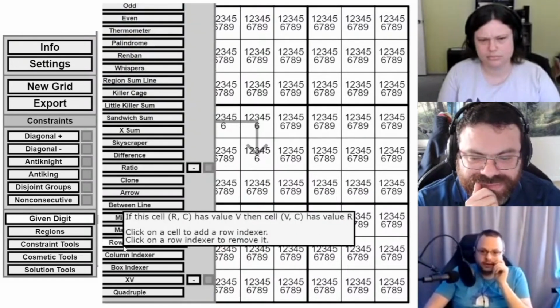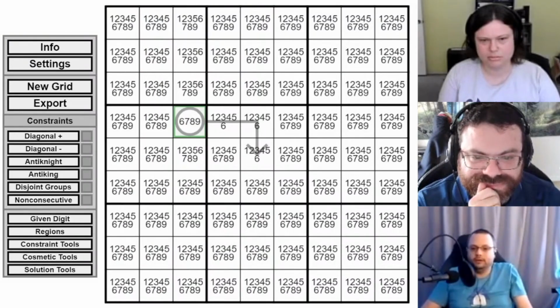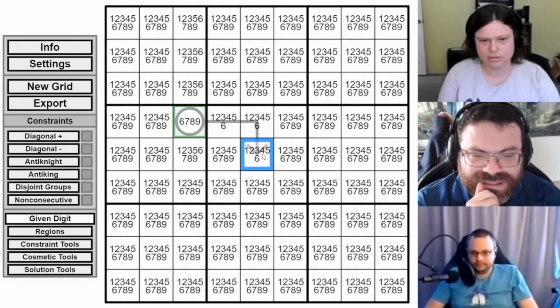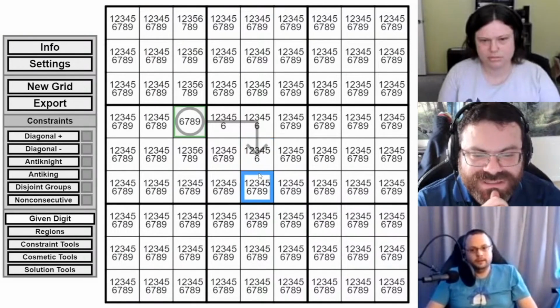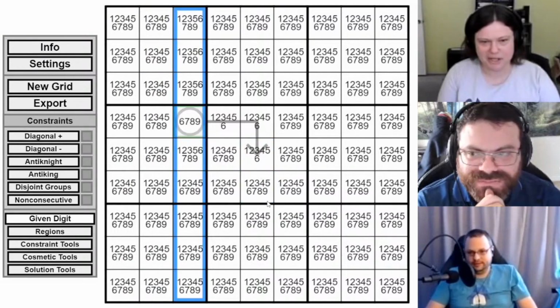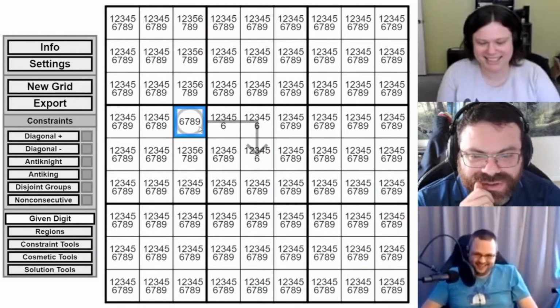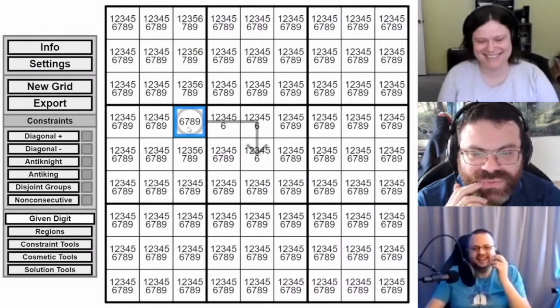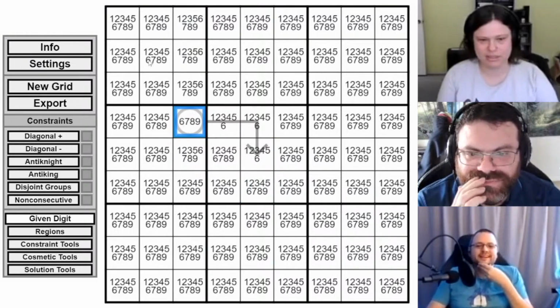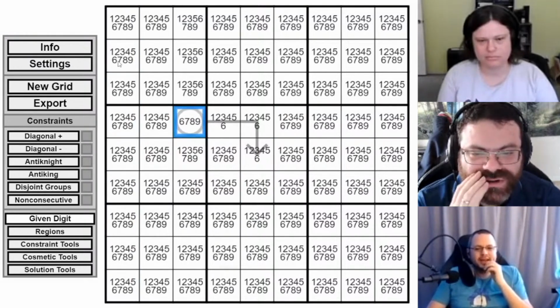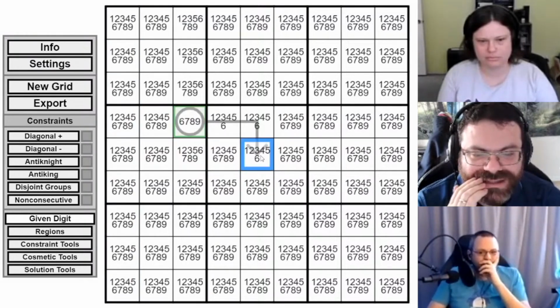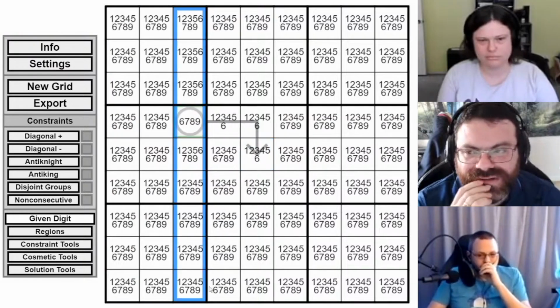So every circle automatically gets a red or a green on it. Yeah. Now, is that going to be confusing for people that it's indexing its own column? I'm already lost. What are we talking about? So the circle is like a 159 indexer for either row or column, and its row or columnness is just determined by the final direction the arrow goes, but it's still for its own row or column.